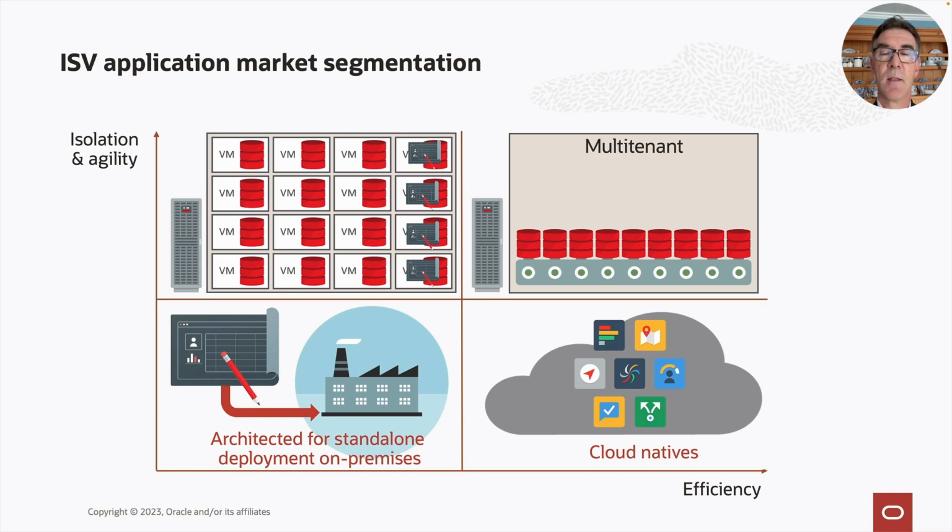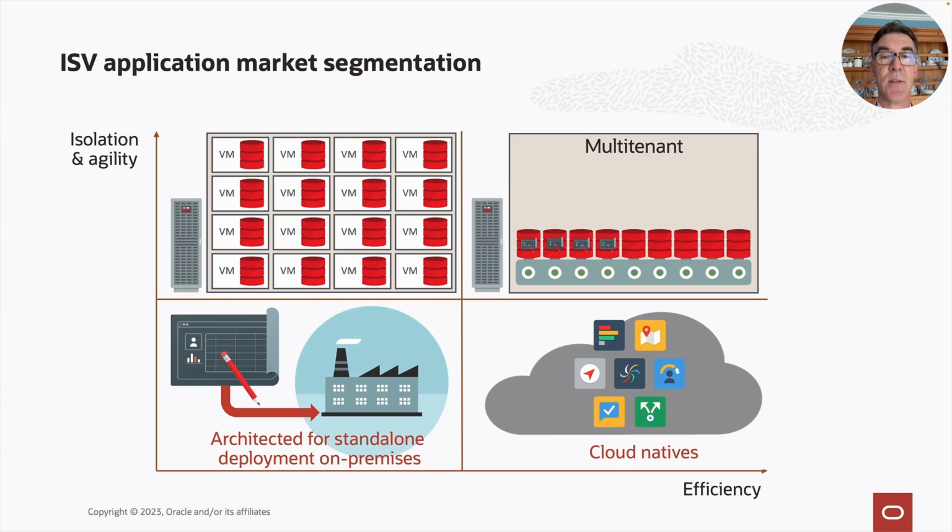For this market, Multitenant offers an instant SaaS database architecture. No application changes are required. They retain the benefits of isolation and agility of the standalone model and gain the economies of scale that the cloud natives have been enjoying.